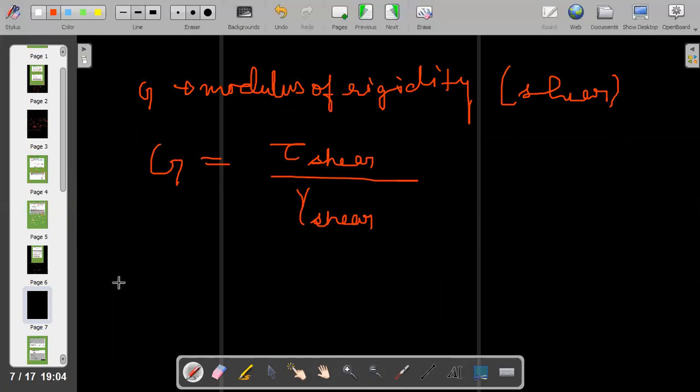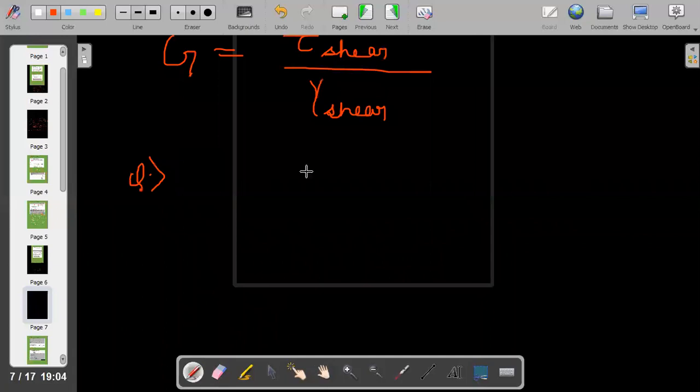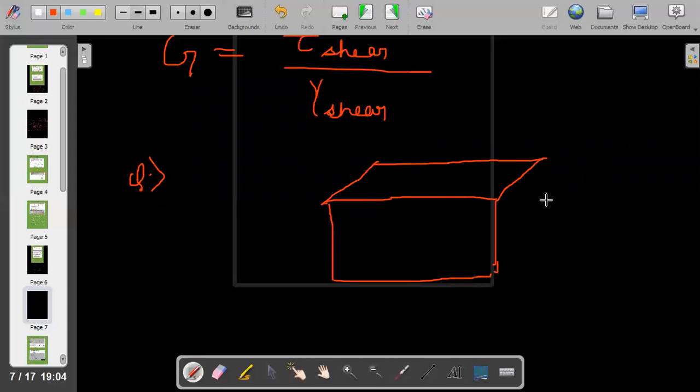What type of question can be made from here? It's the same as the 3D Young's modulus. Let's say it's a 3D object whose base is 100 mm by 100 mm and height is 10 mm.